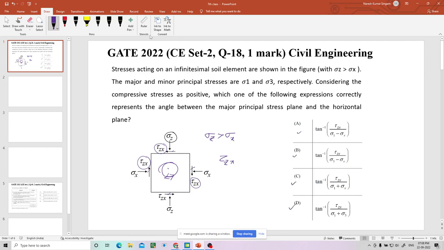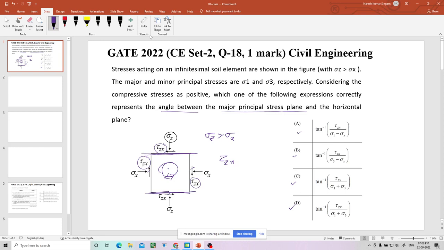It is asked: the angle between the major principal stress plane and the horizontal plane. See, this is the horizontal plane here, these two are horizontal planes within this element, right? And there is another major principal stress plane.